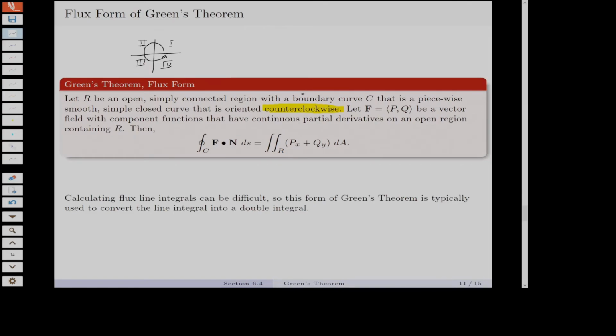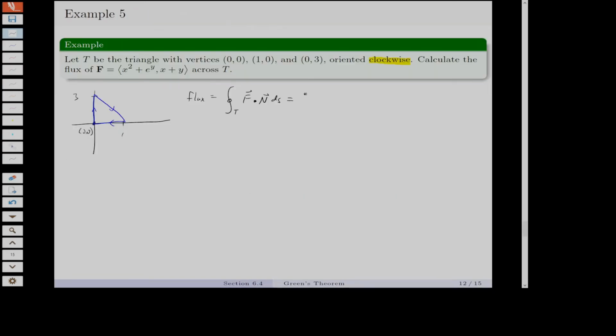Okay, so we turn this into the double integral over R of px plus qy dA.